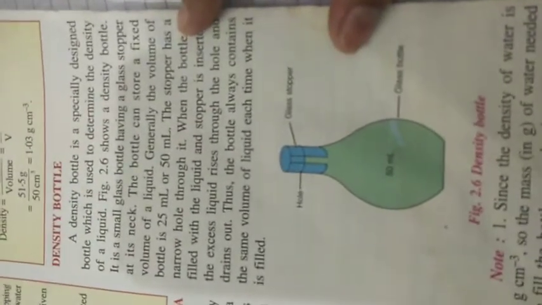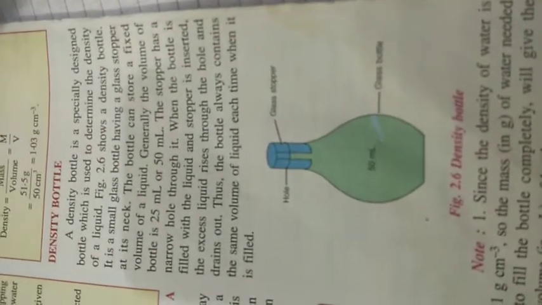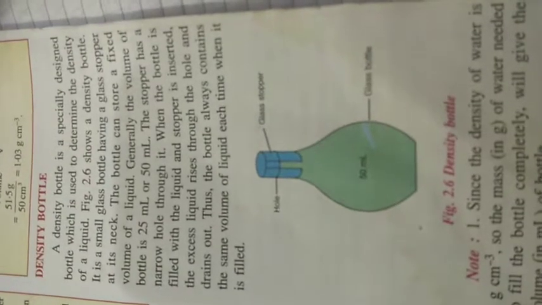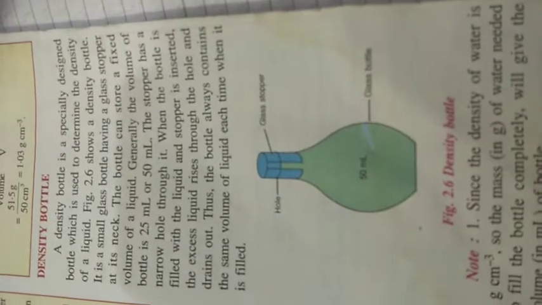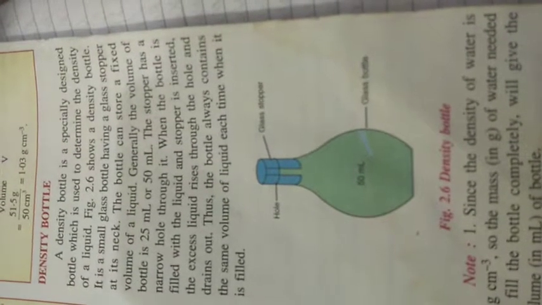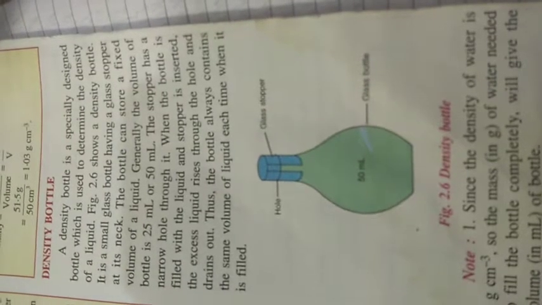In the book it is written that a density bottle is a specially designed bottle which is used to determine the density of a liquid. You can see in the figure it is a small glass bottle having a glass stopper at its neck. The bottle can store a fixed volume of liquid. Generally the volume of the bottle is 25 or 50 ml.